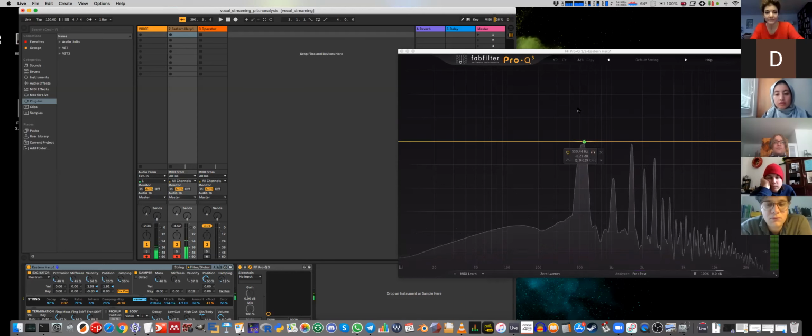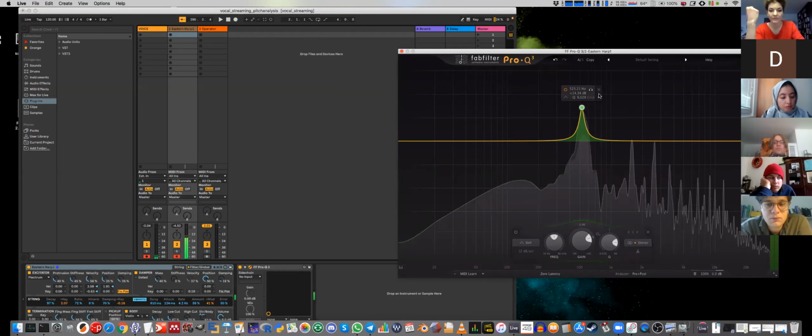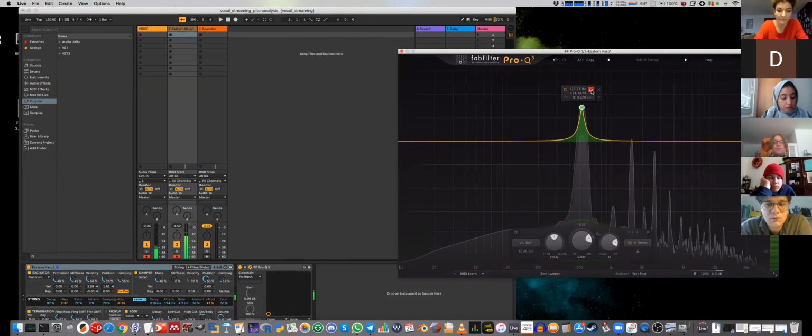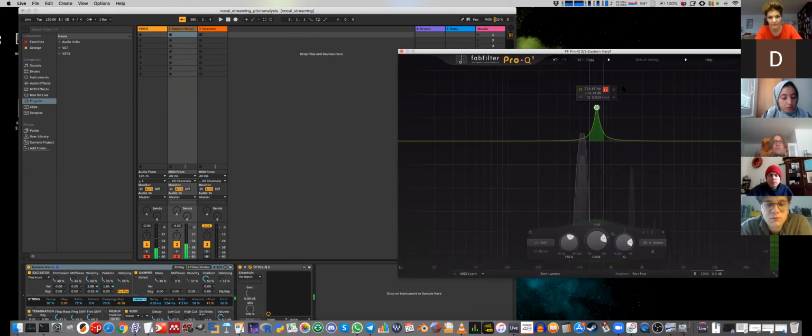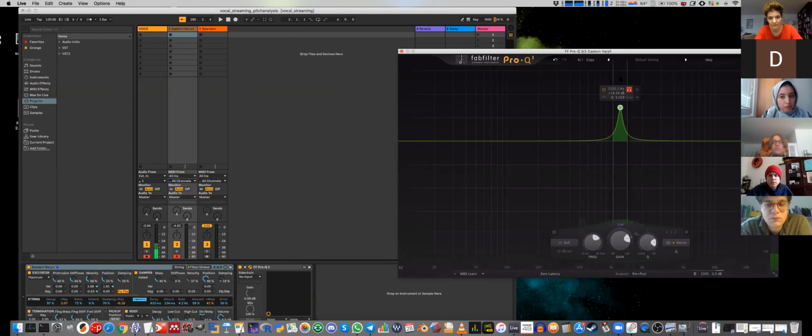So for instance, this is called main formant, right? And if we isolate that, it gives the note of this harp. But what is this one? This is an octave up formant, right?